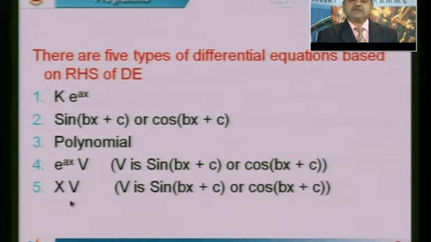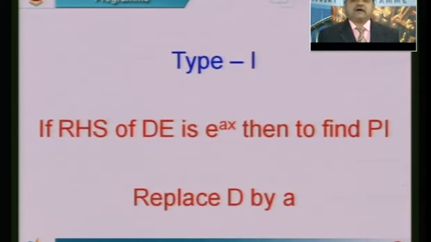Fifth is x into v, again v can be sin or cos. Out of these 5, we started with the type 1 differential equation. The right hand side consists of e power ax, in general k e power ax. Then to find the particular integral, replace D by a. That is the procedure to find the particular integral of k e power ax form, that is called type 1.